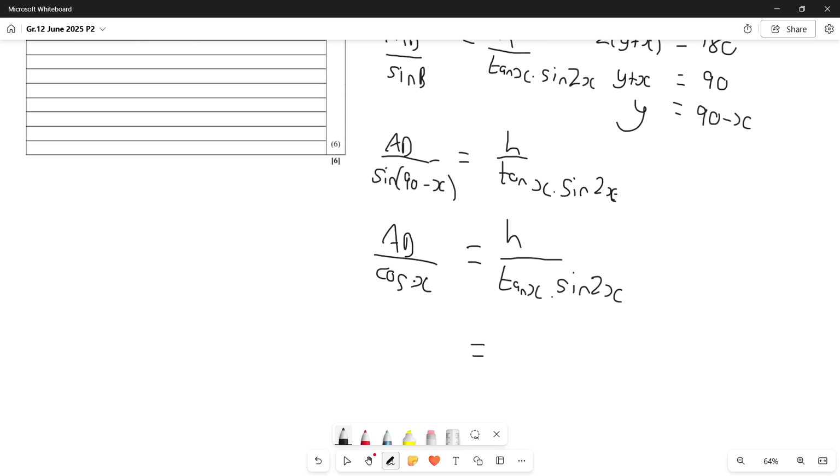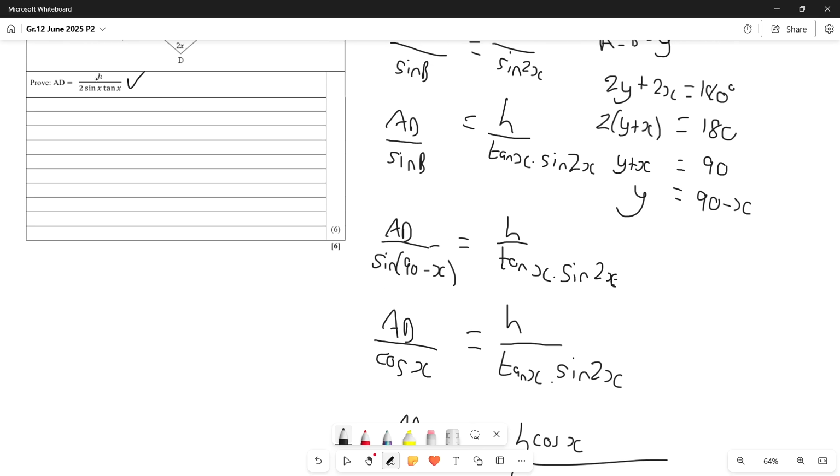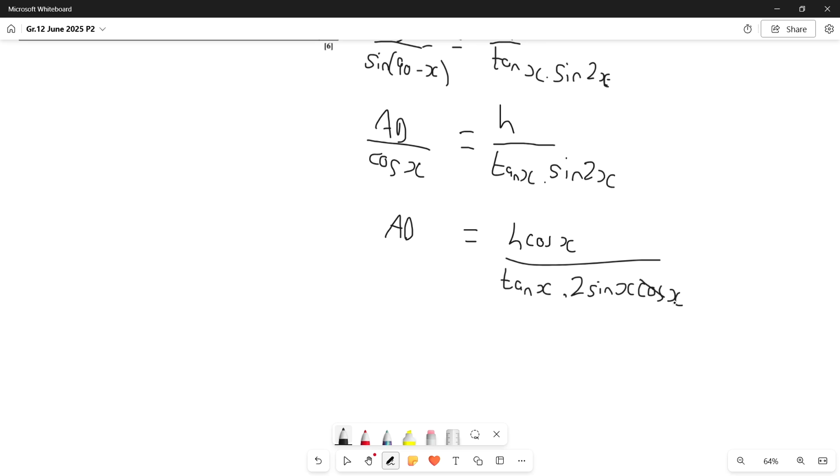So over here, I'm going to move the cos X up top. So we have h cos X, tan X can stay there, but then a reminder that sine 2X is a double angle, which means we can unwrap it and it can become 2 sine X cos X. And that is great for us because we are only one move away from having this answer. All we need to do is cancel this cos X and this cos X, and we're left with the final answer.